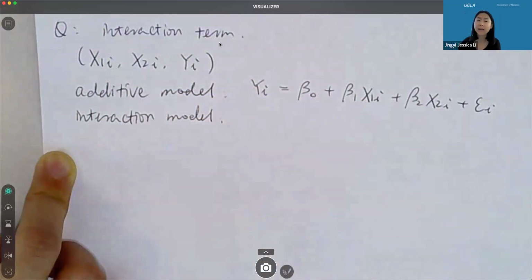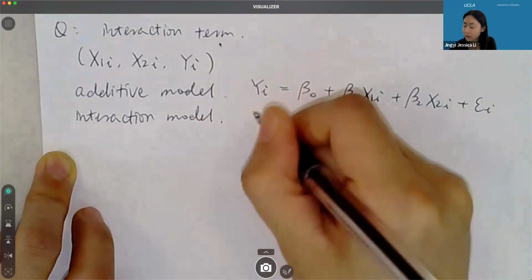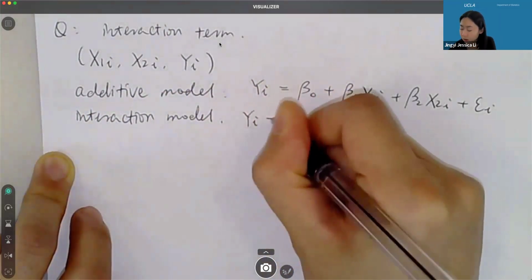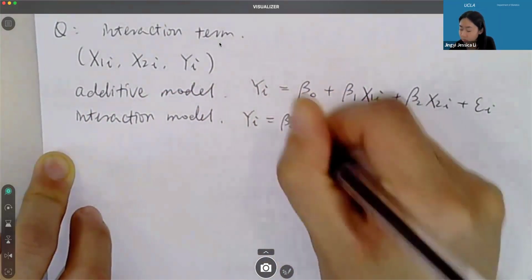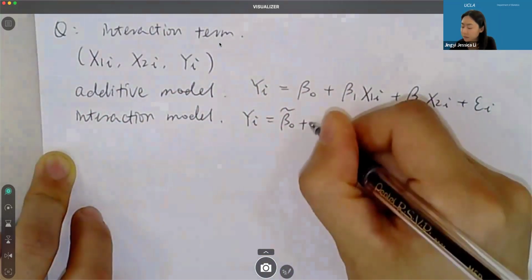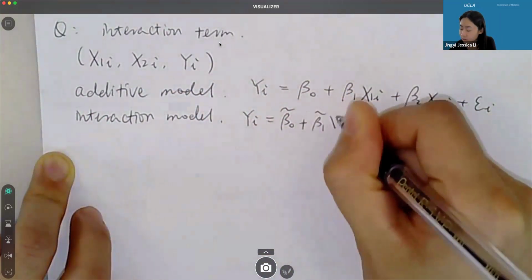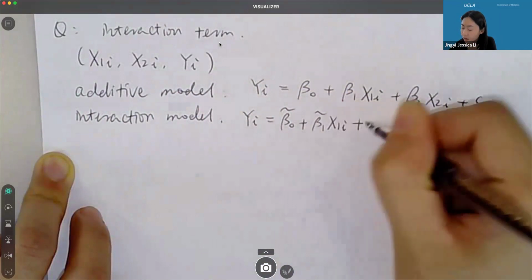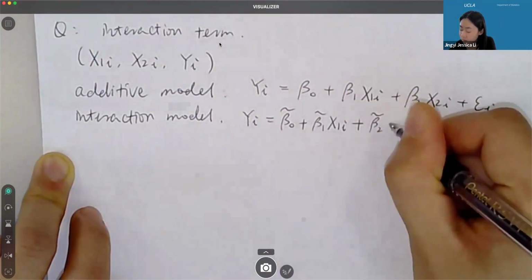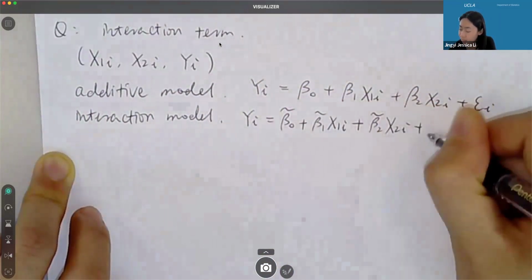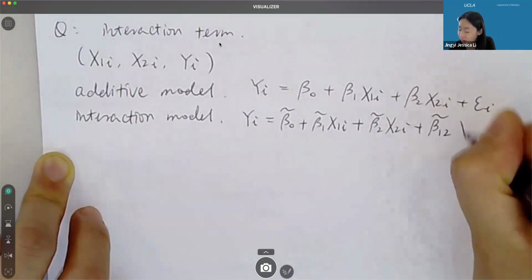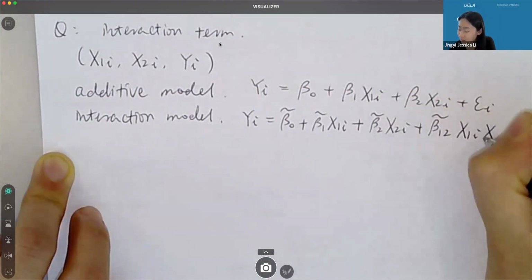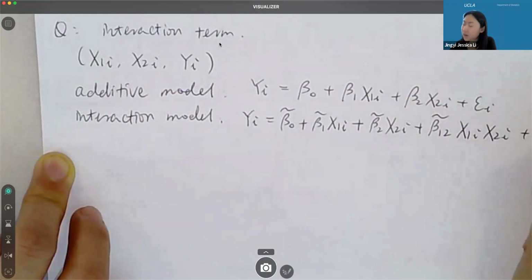So we add the interaction term between x1 and x2. Then the model will become yi equals beta 0 tilde, I call tilde because they're no longer the same parameters, plus beta 1 tilde x1i plus beta 2 tilde x2i plus beta 12 tilde x1i times x2i plus epsilon i.